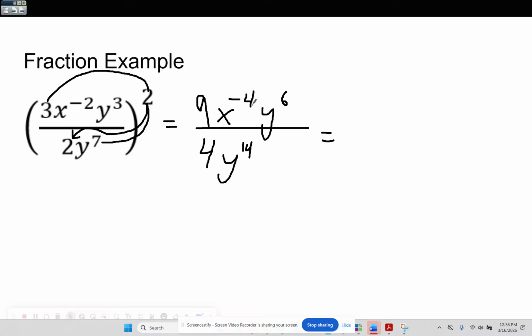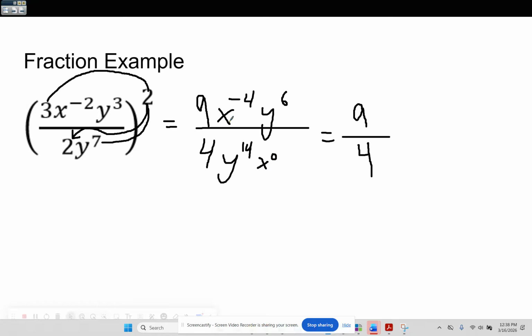The next rule that I would use would be, are there still powers to powers? The answer is no, that's gone. And so now I'm going to do my quotient rule. I'm going to first start with 9 over 4. 9 divided by 4 does not simplify to anything better than 9 divided by 4, so we're going to leave that there. Our x, there's an x on top, there's no x's on bottom, so I would be basically picturing there being 0 down here.